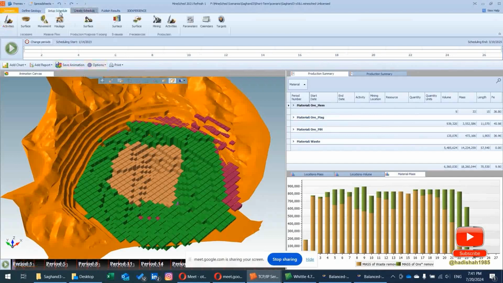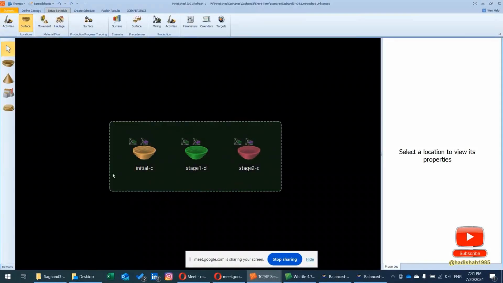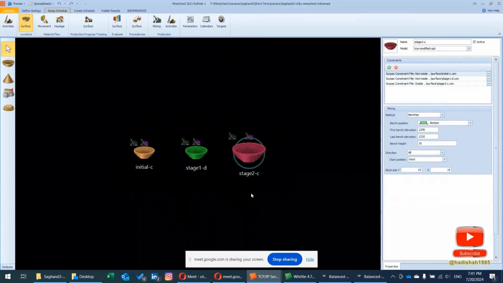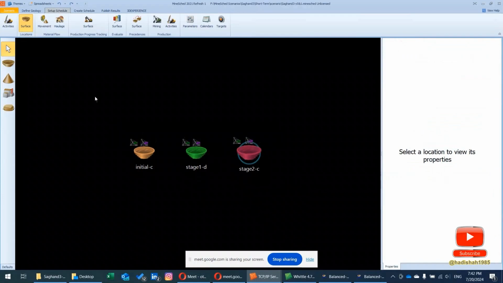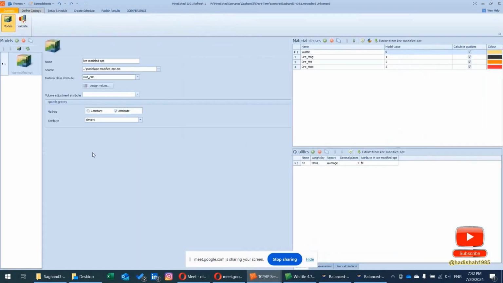Well, I have defined these 3 stages, that is the initial pit, pushback 1 and pushback 2. All of them have their definition about the location, as well as the geological model that is supporting our planning.